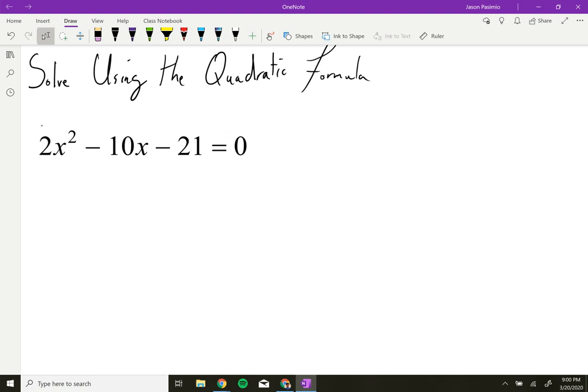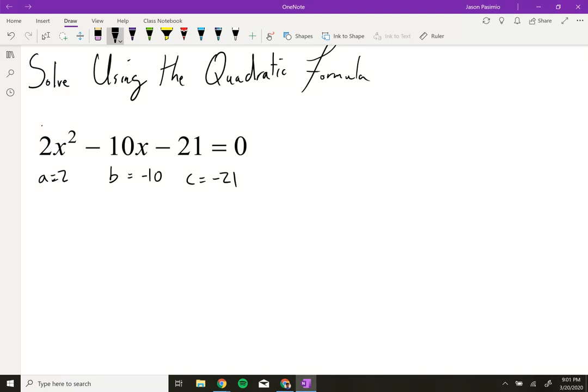So 2x squared minus 10x minus 21 equals 0. In this one, A is 2, B is negative 10, and C is negative 21.